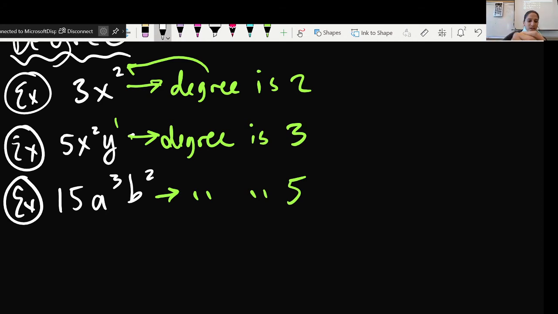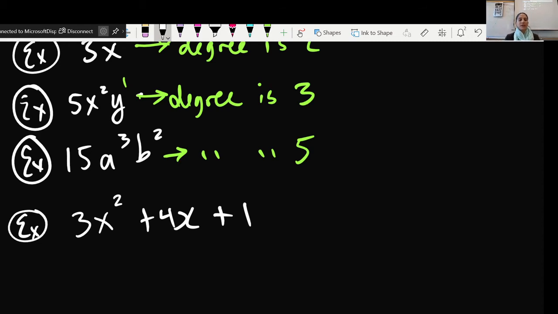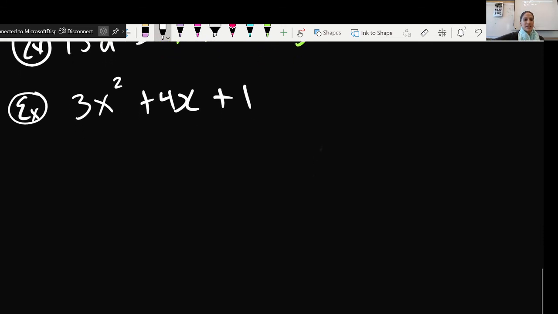But there is one other thing that happens with this. If we want the degree of something that has more than one term, so let me show you an example. If we have 3x squared plus 4x plus 1, first of all, let me bring your attention to a pattern of behavior with this.